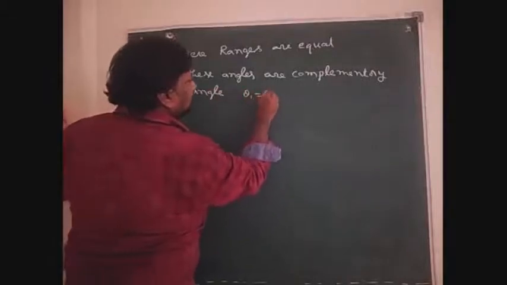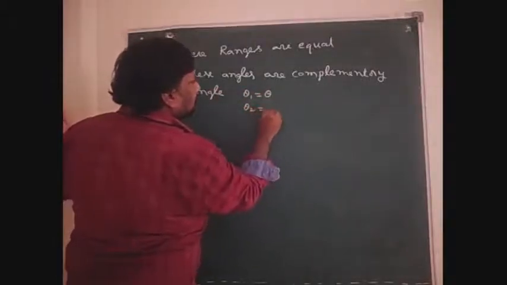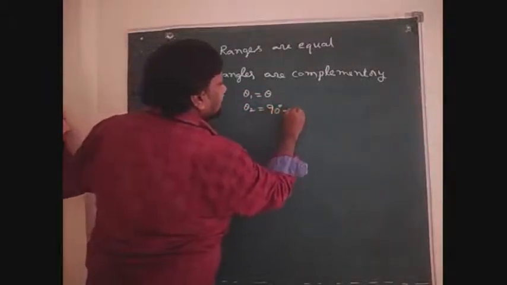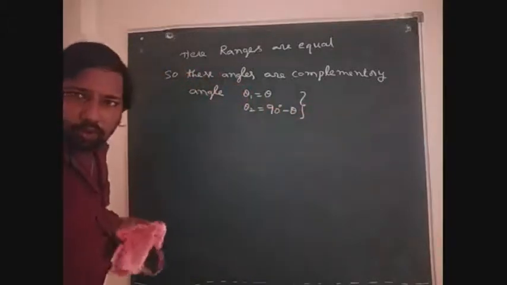So theta 1 equal to theta, and theta 2 equal to 90 minus theta. So these are the complementary angles.